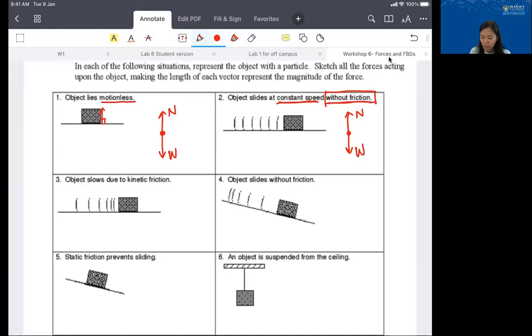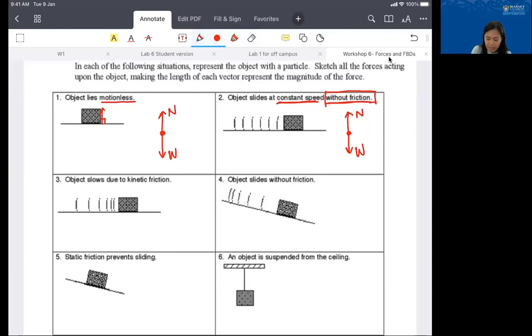Because once you put an applied force, for example to the right because the object's moving to the right, that gives an imbalance of forces along the horizontal that will change the speed of the object, because there's no friction force that will counteract this applied force. So there shouldn't be any other force along the horizontal.